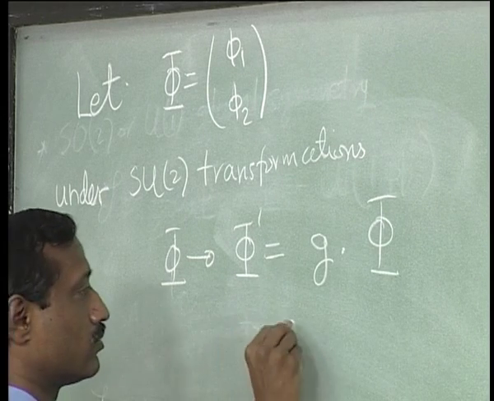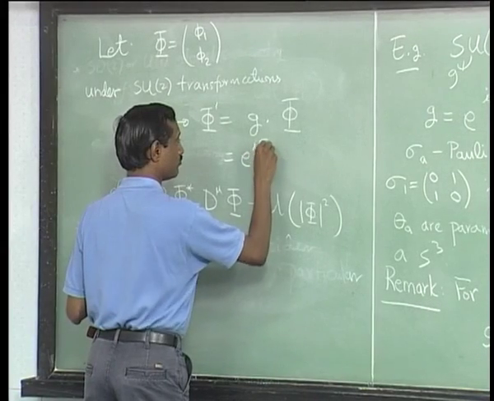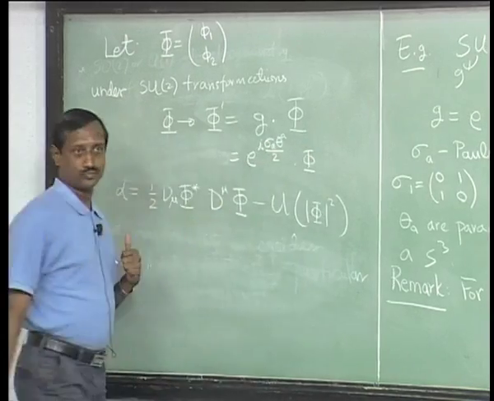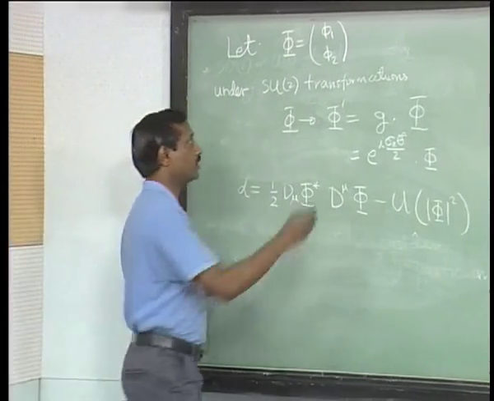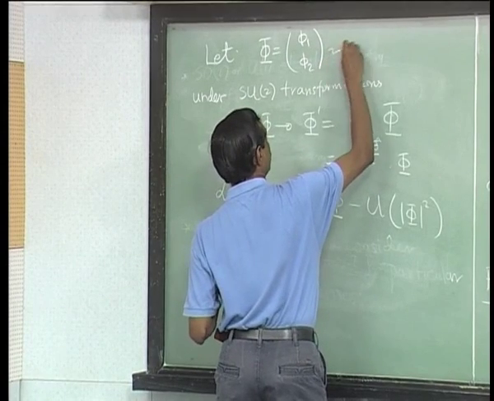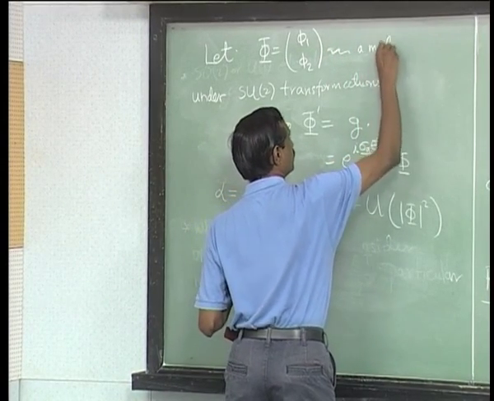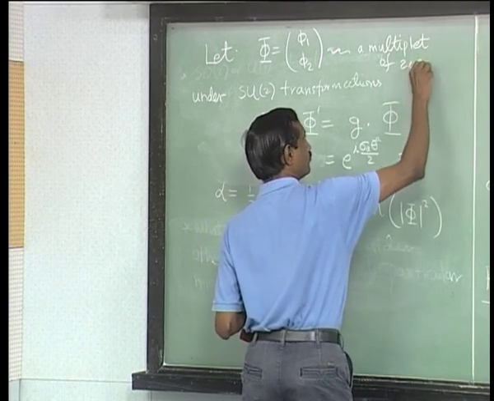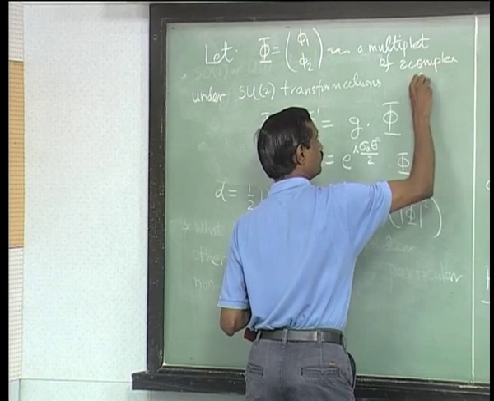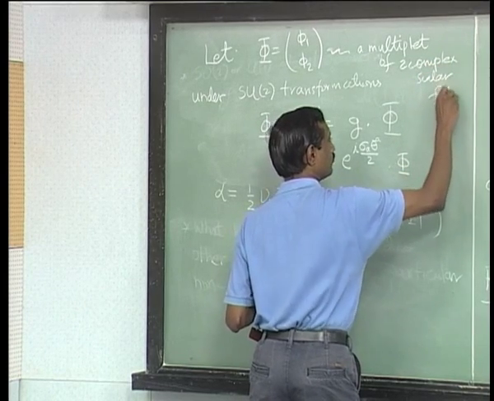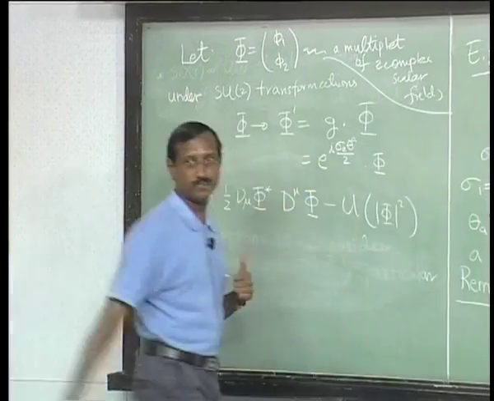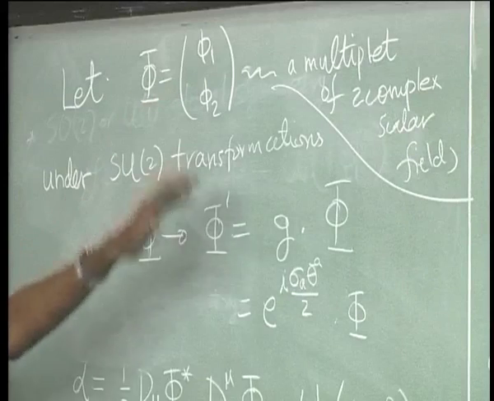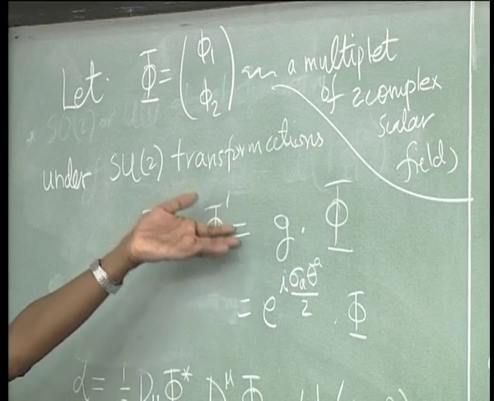So this is equal to... and so this is a multiplet. So one says that phi transforms in the 2 dimensional representation of the Lie group SU2.